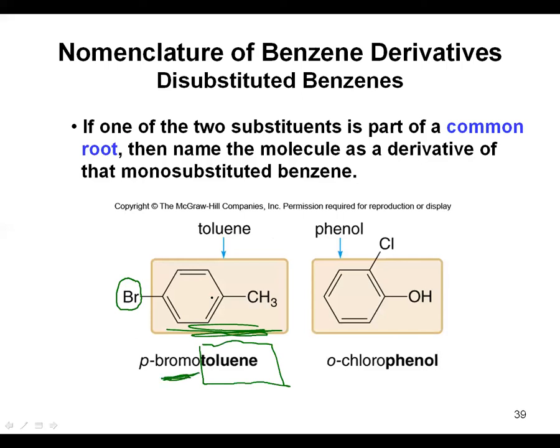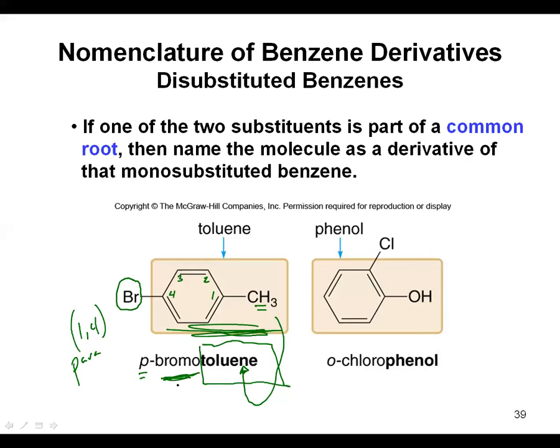And again, it is a 1, 2, 3, 4 positioning, a 1 and 4 positioning, which is your para positioning. And that's what the P stands for. You don't have to give the methyl here because it's implied with this historical name that is essentially a benzene ring with a methyl group upon it.